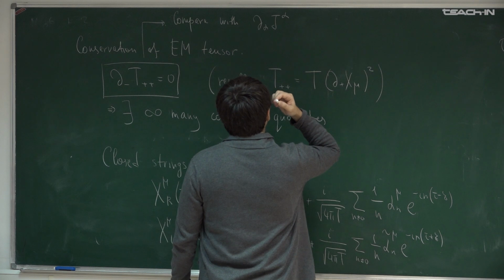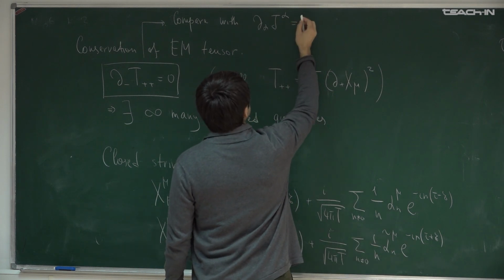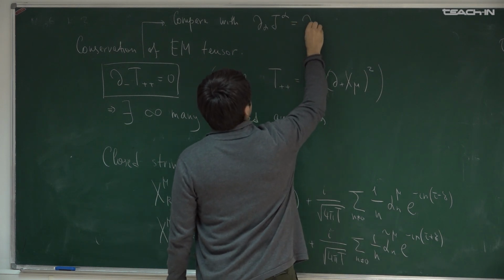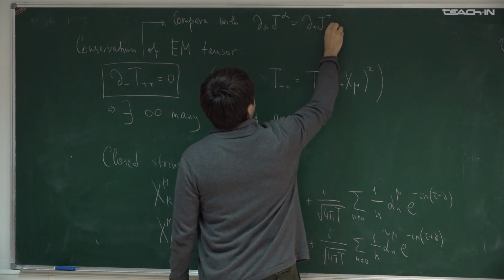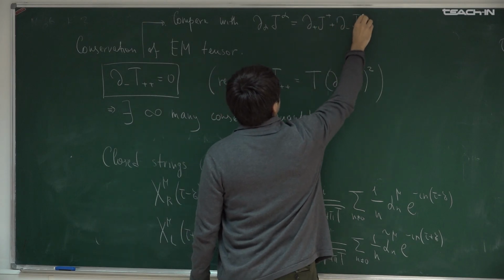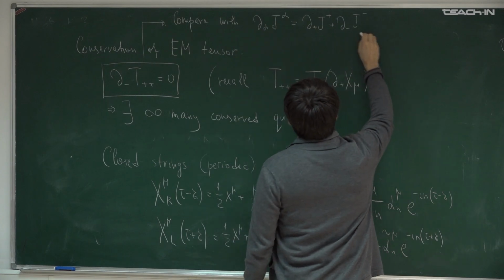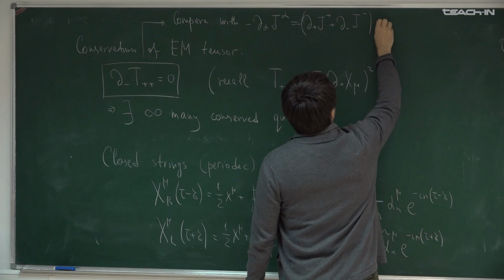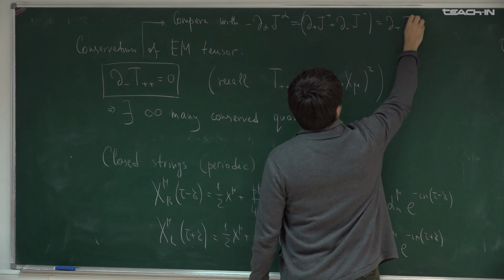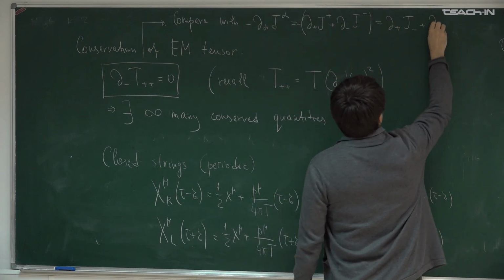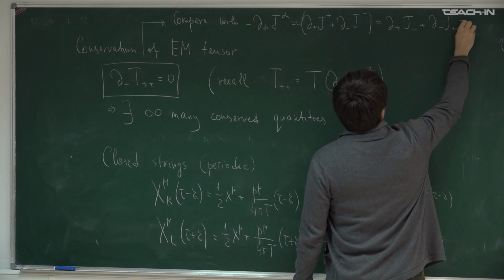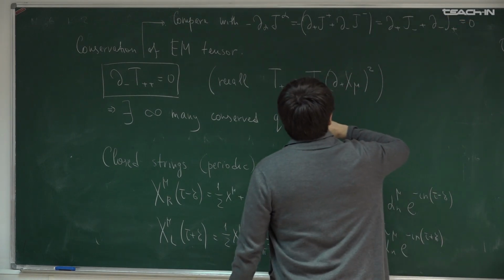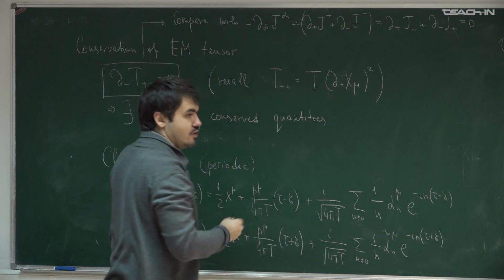So this is d plus J plus plus d minus J minus, where J is some current.